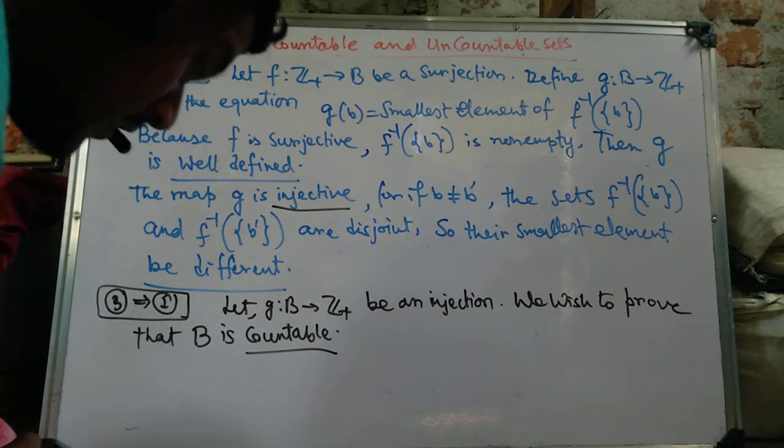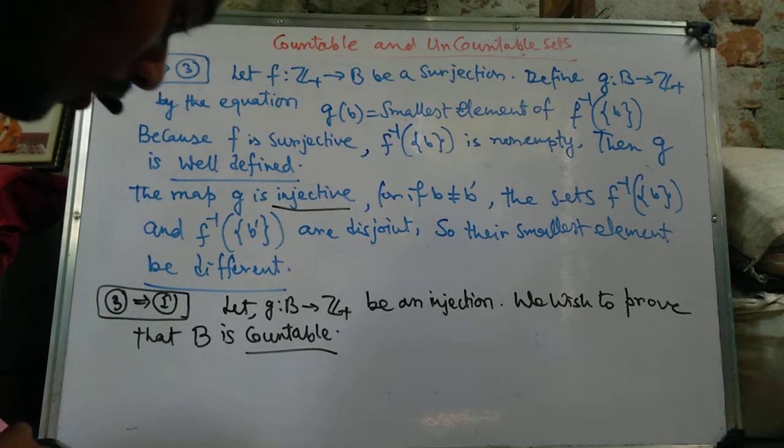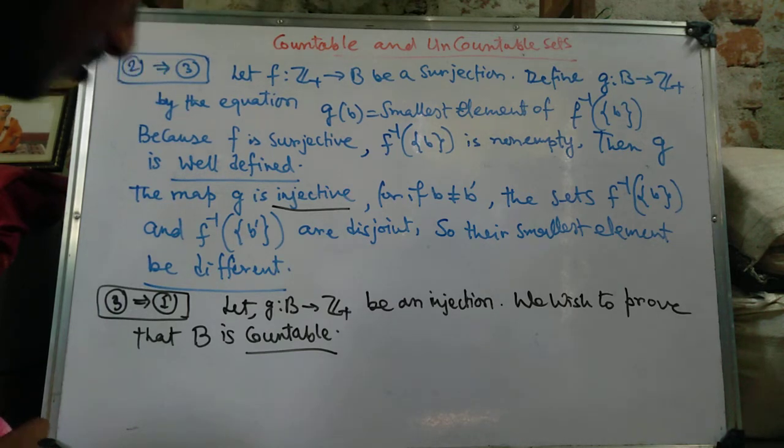By changing the range of g, we can obtain a bijection of B with a subset of Z⁺.